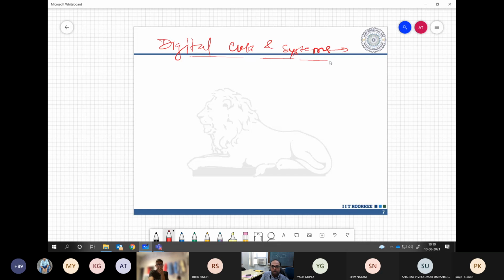If we talk about digital circuits and systems, we first need to understand how they operate, because we know there are only two states. We call it yes or no, or 1 or 0. This we have understood, right?